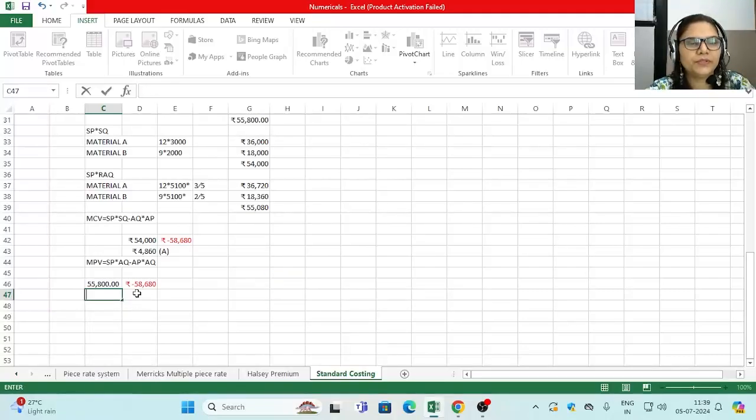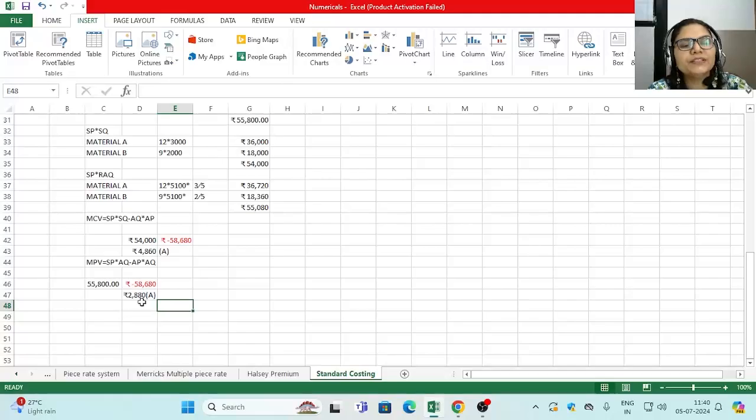We will write in a simple way without using equal sign. So this is your rupees 2880 adverse.